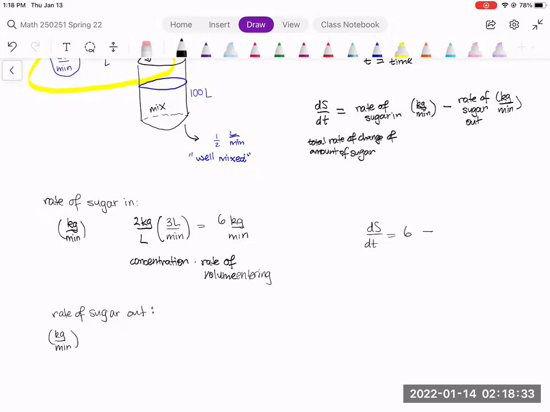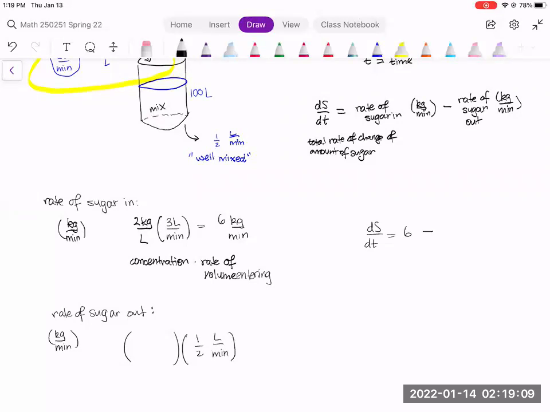In this case, we'll look at the rate of the volume that is exiting. So first up, here's our rate that the volume is exiting. We had 1/2 liters per minute. And next, let's take a look at our concentration. So the concentration is going to be whatever the concentration of the solution is when it's all mixed up.